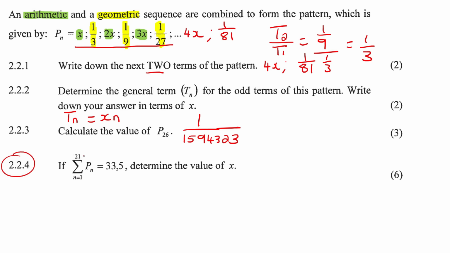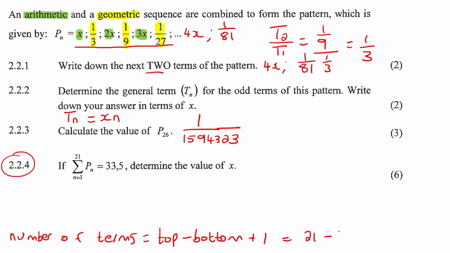I've showed you how to do this before. To work out the number of terms, it's always, say it with me, top number minus bottom number plus 1. And so in this case, it would be 21 minus the bottom number, which is 1 plus 1. So the 1's cancel out, and so you end up with 21. And the problem is that most of your teachers, when they show you this in class, they always give you examples where this number is a 1.